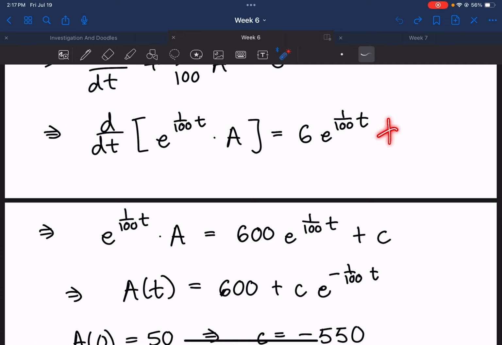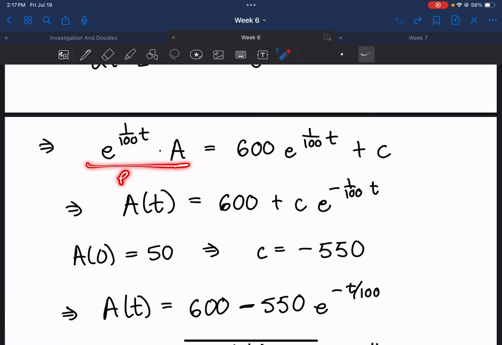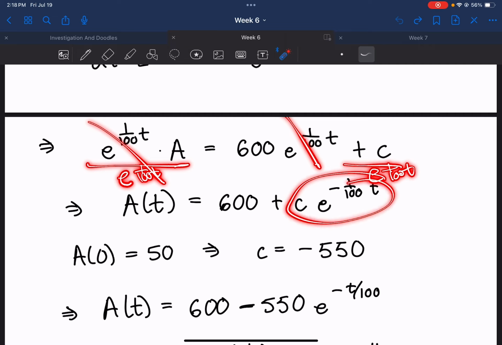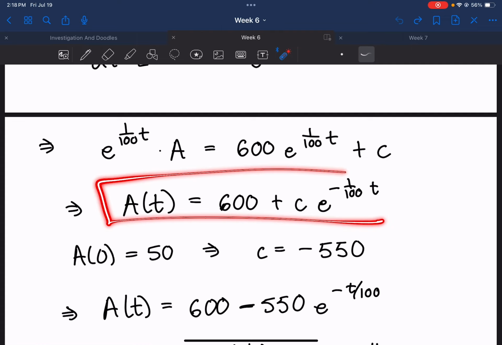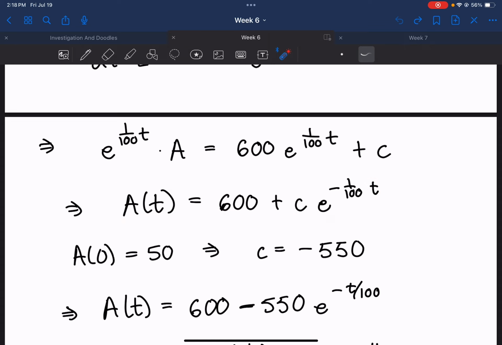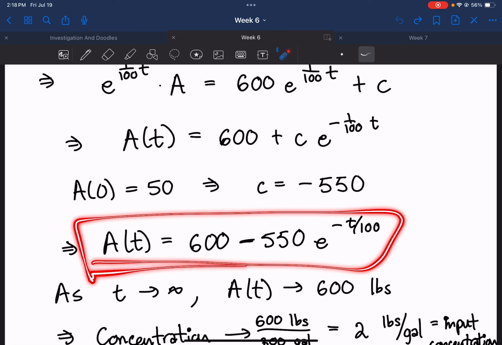Oh, and I add a plus C. Don't forget the plus C. And then by dividing both sides by e to the 1/100 t, I cancel here, I cancel there, and then I divide here by e to the 1/100 t, and I get C times e to the negative 1/100 t. This is now my equation for the amount of salt at every time. And since A of 0 is 50, I know that C equals negative 550. Which means this is my true equation.